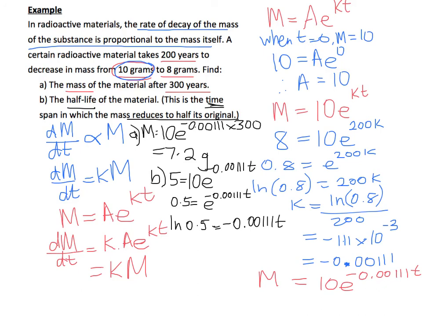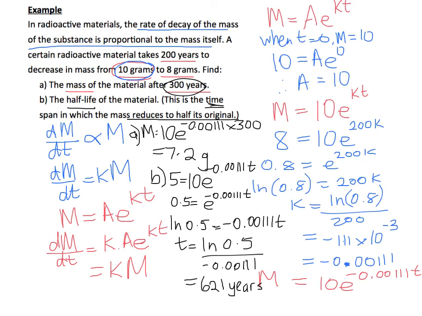And then because we want to find t, let's divide both sides by our alpha A memory, because that's where our k is, negative 0.00111. And we should get for t 621. And remember, t was up here in years. So that means the half-life of this material is 621 years.